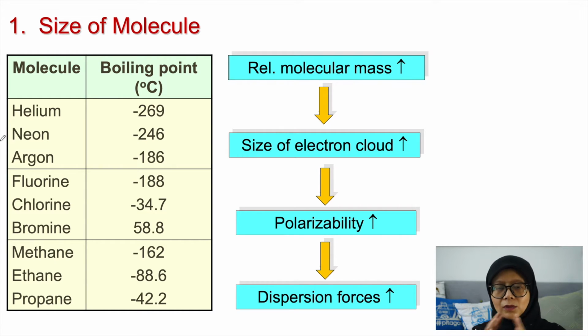What happens to the boiling point? Bromine has the highest boiling point. Why? Because when we have the highest boiling point, usually the van der Waals forces are also big, and the polarizability also increases because of the size of the electron cloud.